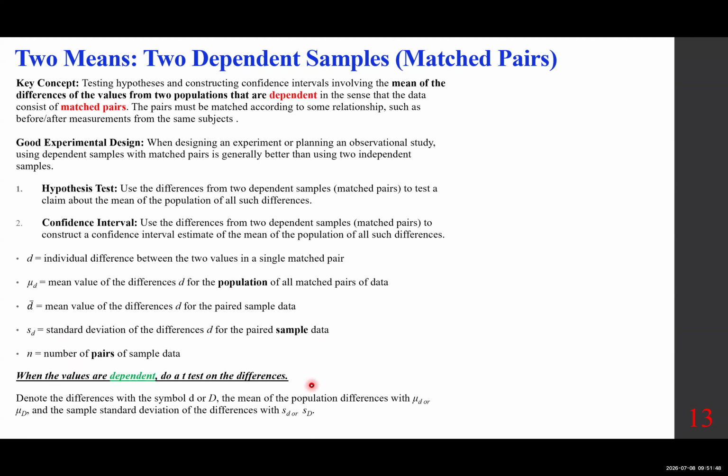When the values are dependent, do a t-test on the differences. Denote the differences with the symbol D, lowercase d or uppercase D, the mean of the population differences with mu sub D, and the sample standard deviation with S sub D. So that's pretty straightforward, everybody.